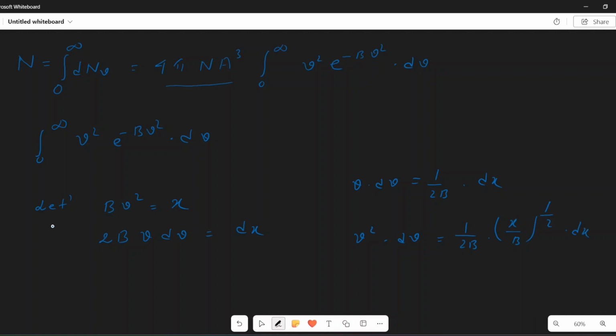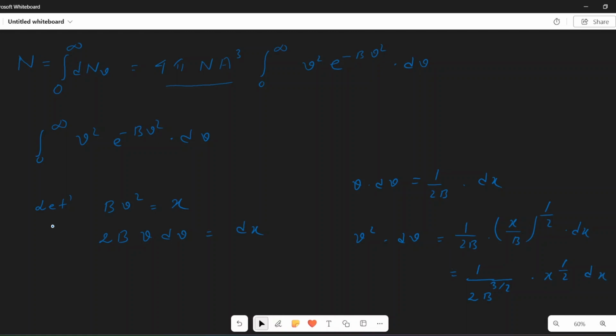This term can also be written as 1 by 2 b to the power 3 by 2 into x to the power half dx.